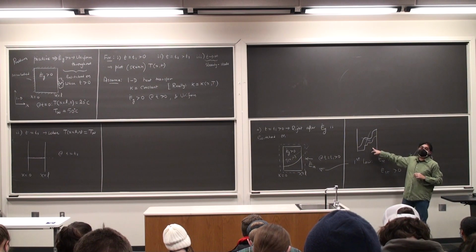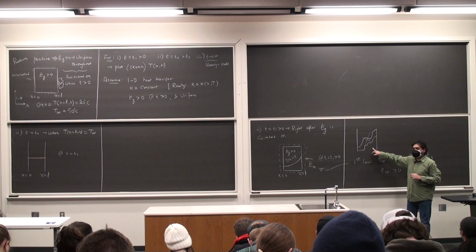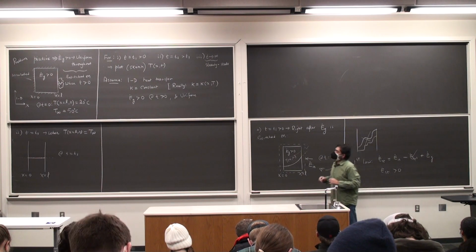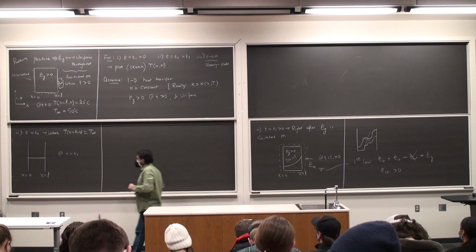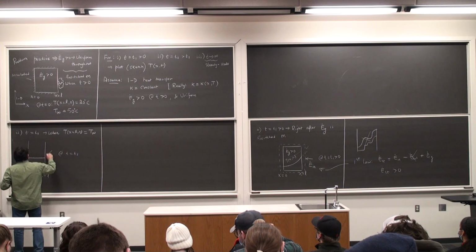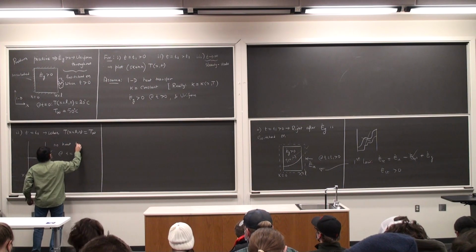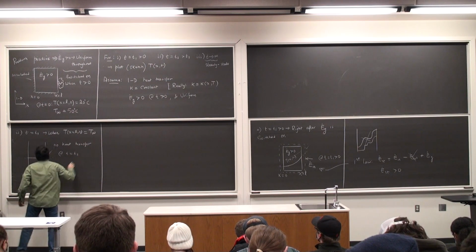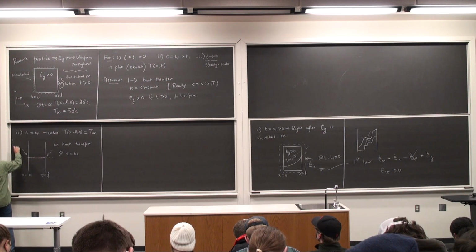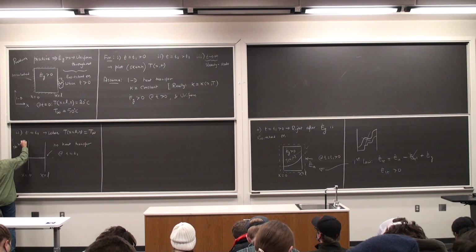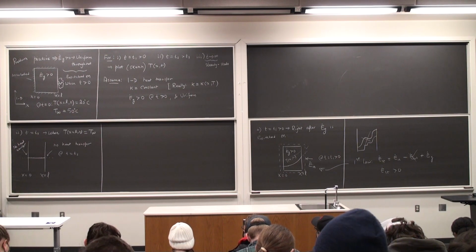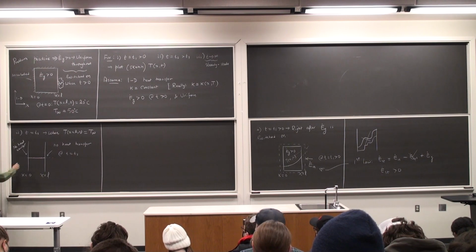I cannot have discontinuities within the wall. So this is what is going to happen at both wall locations. There is no heat transfer at either, so the slope is 0 at both locations.